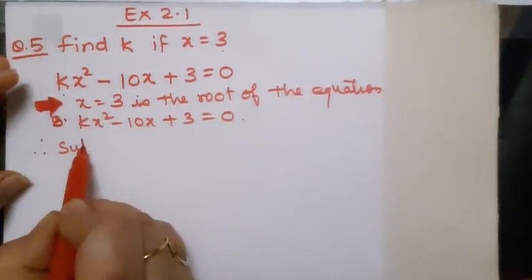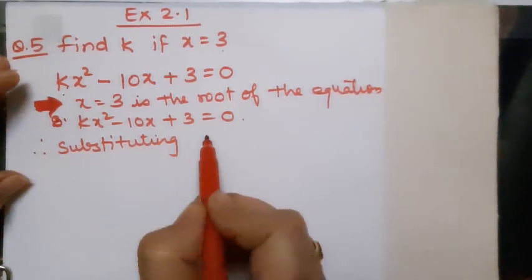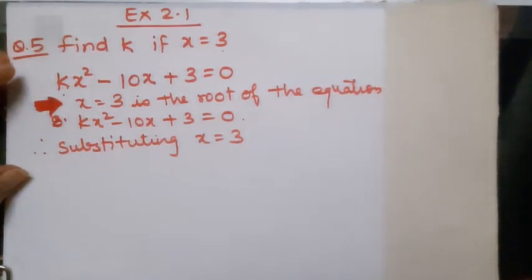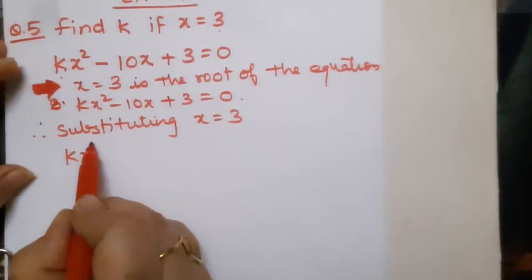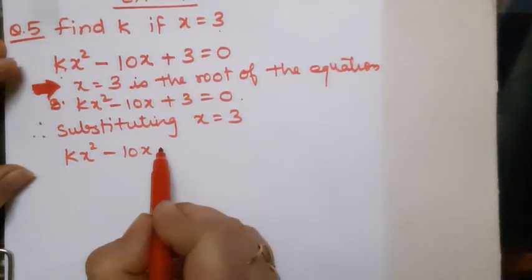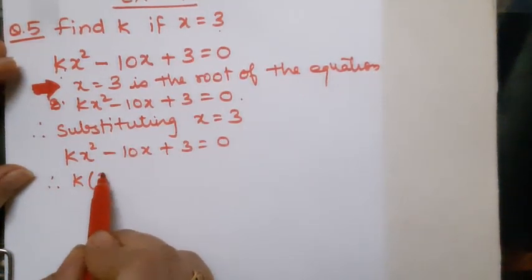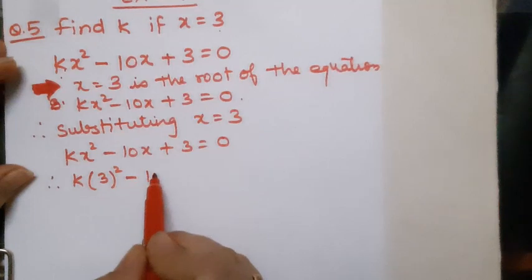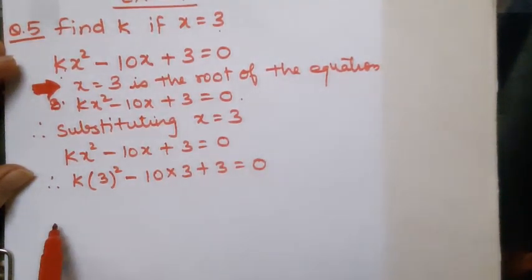Therefore substituting x is equal to 3, let me write the equation first. Now we will substitute the value of x. So k into 3 square minus 10 into 3 plus 3 is equal to 0.